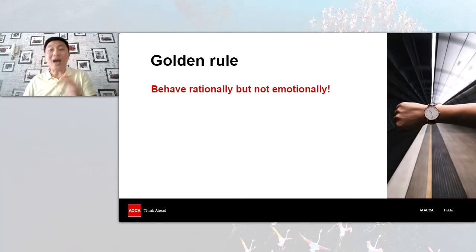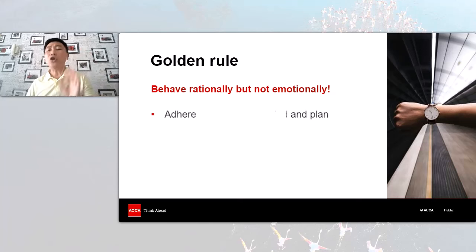I know a lot of us tend to be nervous, stressed and emotional, whether overly excited or overly anxious, by looking at the questions and the surprises you get. Try to learn how to control your emotion and let rational behavior take the lead and control your whole behavior throughout the exam.